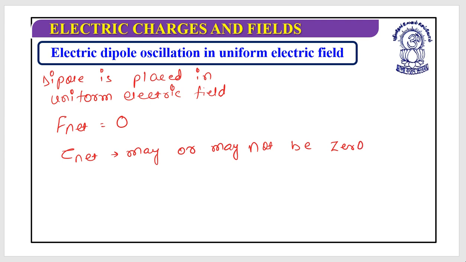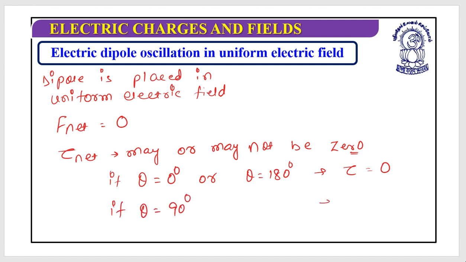Why? If I consider theta equal to 0 degree or theta equal to 180 degree, then torque would be 0. And if theta is equal to 90 degree, then torque is maximum. So remember these things.